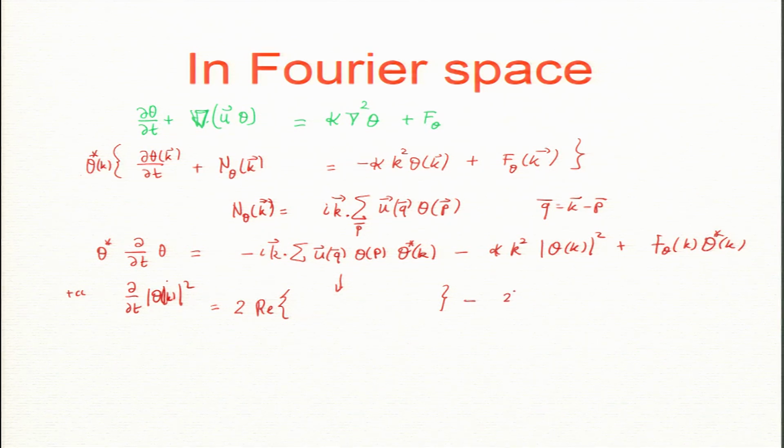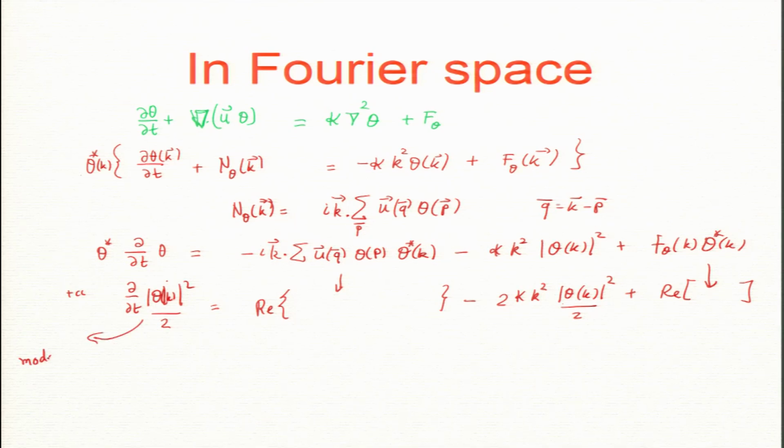Now, this will become minus 2 kappa k square theta k square plus, this is again real part, twice real of this, divide by 2. So, I am doing some derivation just to make you familiar with this, and this I divide by 2 and multiply by 2.